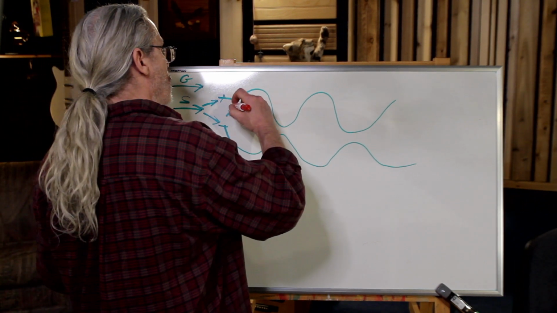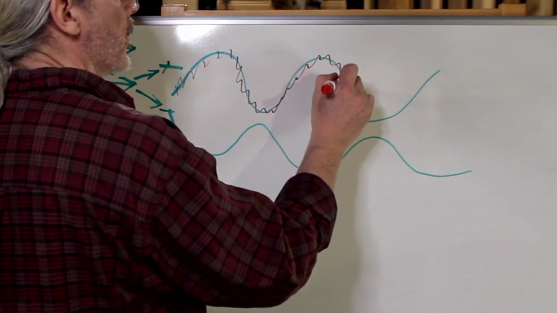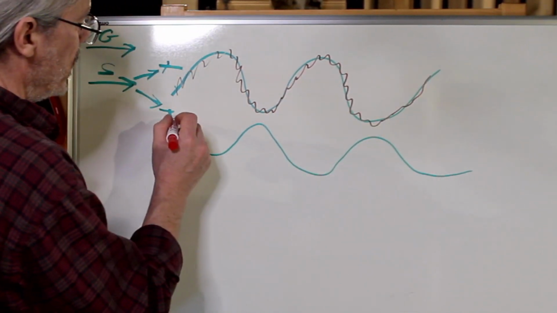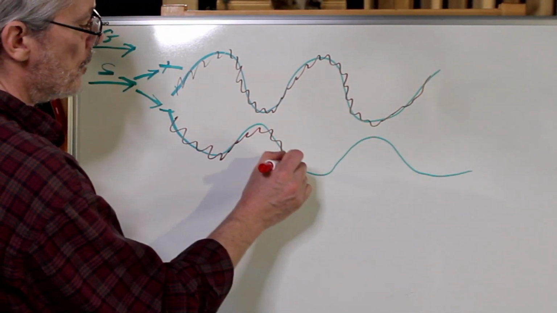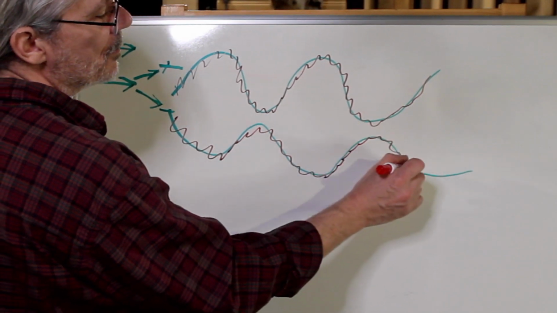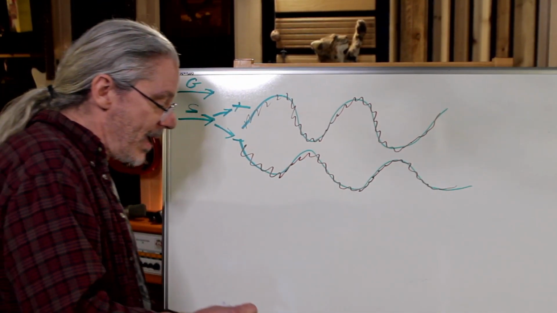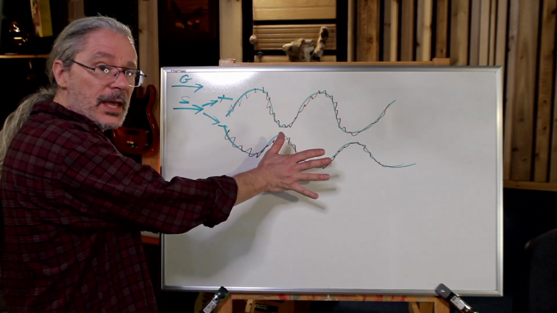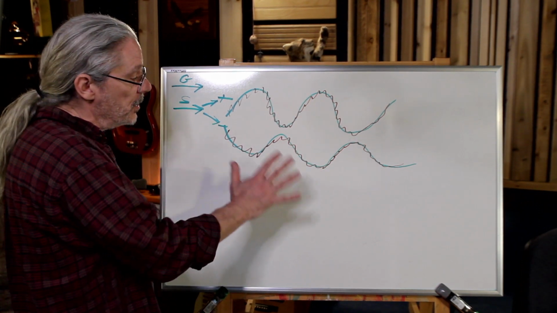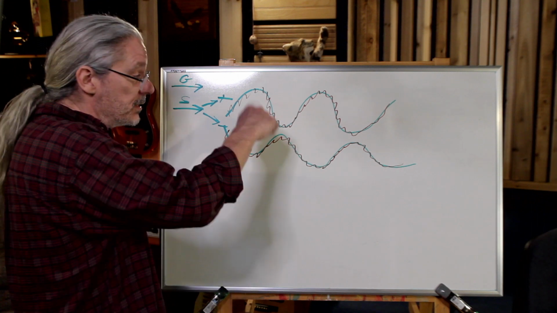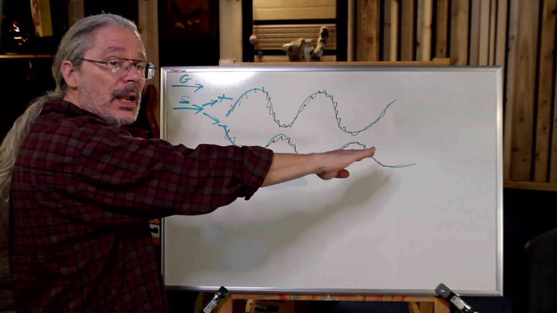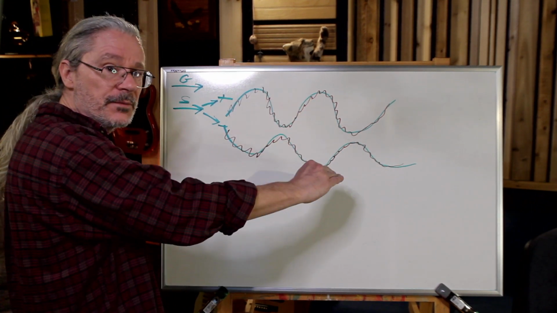So you're getting noise on the positive and noise on the negative. Now, don't pay too close attention to my artwork here. But what's interesting is that whereas the signal is out of phase from each other, or polarity is reversed, the noise is actually the same. It's in phase. The polarity is the same on both the positive and the negative.